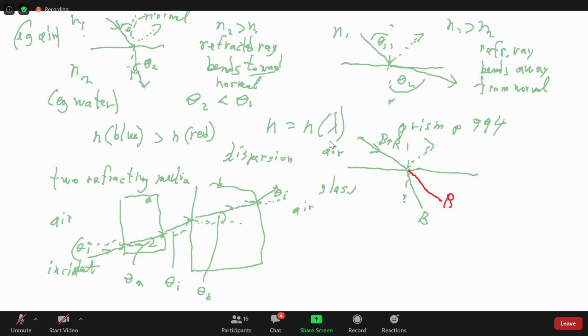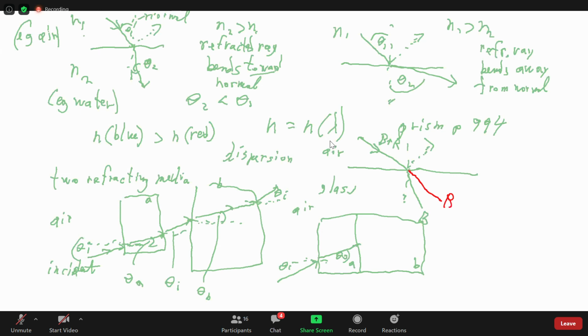So let's do an experiment. Let's push these two blocks together. So this is A and this is B. Now I come in with my light ray. Here's my normal. This is theta I, and I get refracted to theta A, and I get further refracted, since B is different than A. Let's say B is even denser.